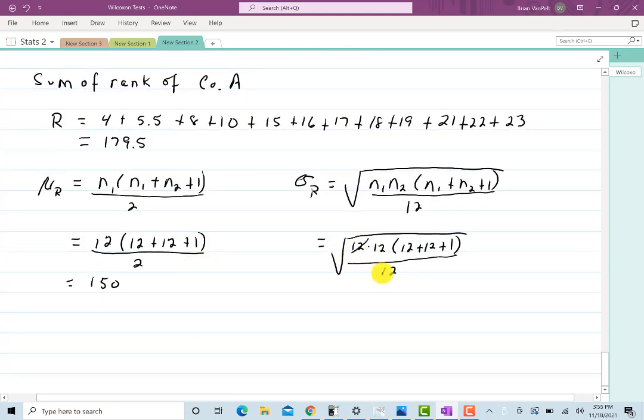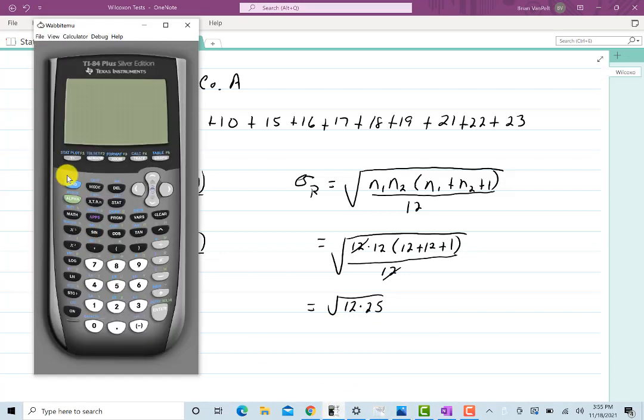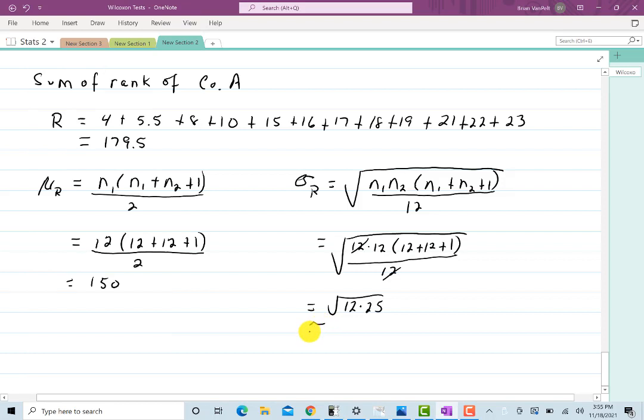Simplifying, I can cancel out these 12s, and I'm going to have 12 times 25. I just want maybe 3 decimal places. So let's take the square root of 12 times 25 and enter. 17.321. So don't forget that was sigma sub r and this was mu sub r. So I've got everything that I need.